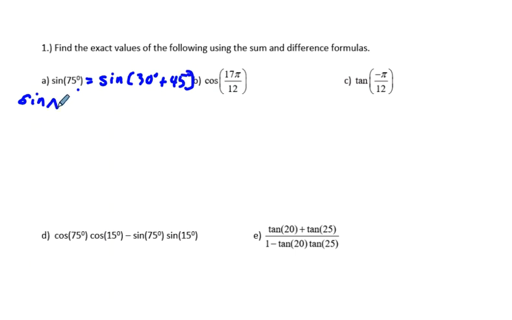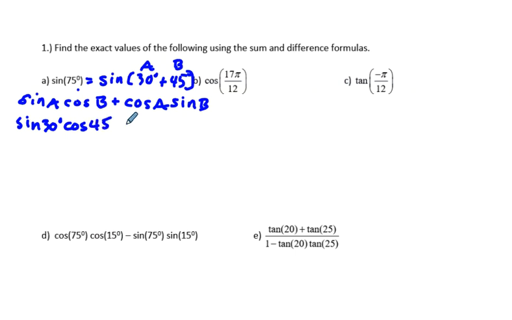And then we have sine A cos B plus cos A sine B. So this is my A, and this is my B. So I'm going to substitute into the formula now. Sine 30 cosine 45 plus cos 30 sine 45.